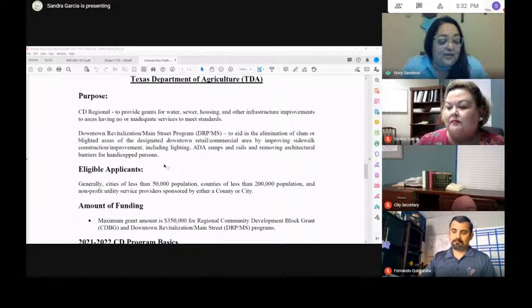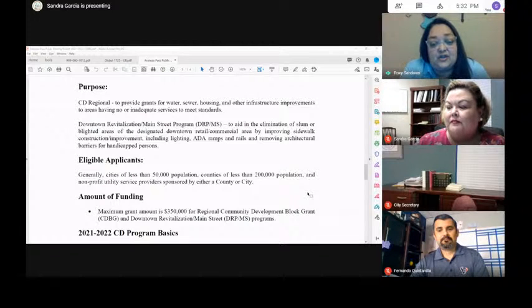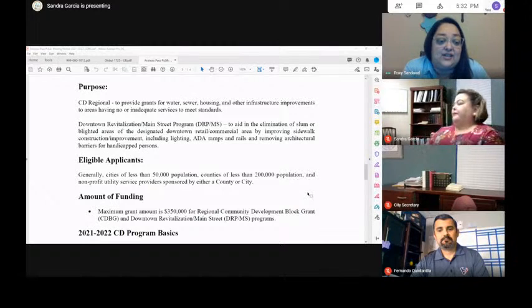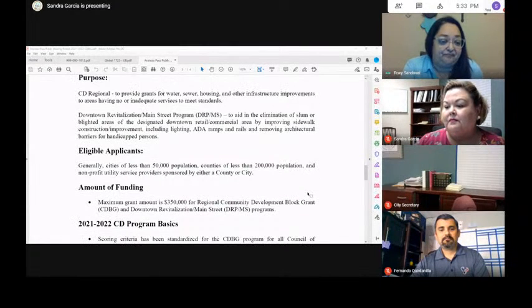And so with both of these programs, eligible applicants are generally cities less than 50,000 in population, and counties that are less than 200,000 in population. Applicants can also be nonprofit utility service providers, and they will be sponsored through the city or the county, whoever's applying.